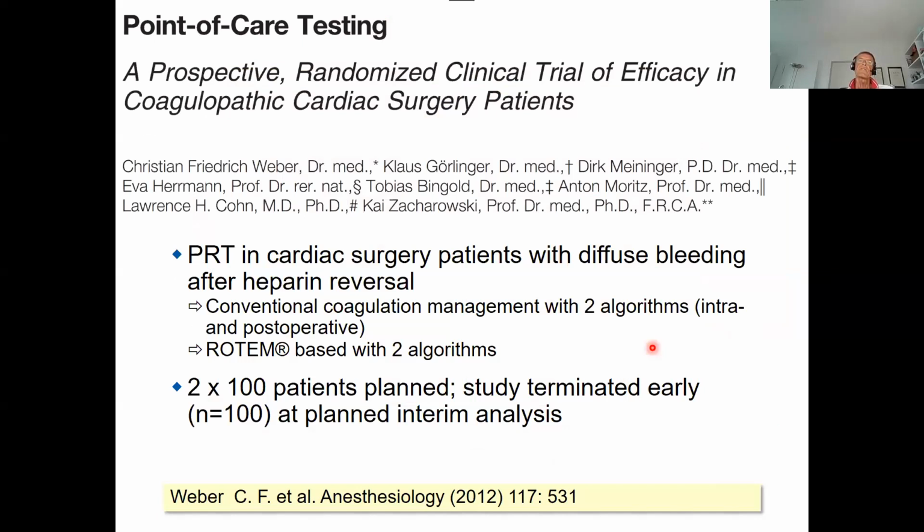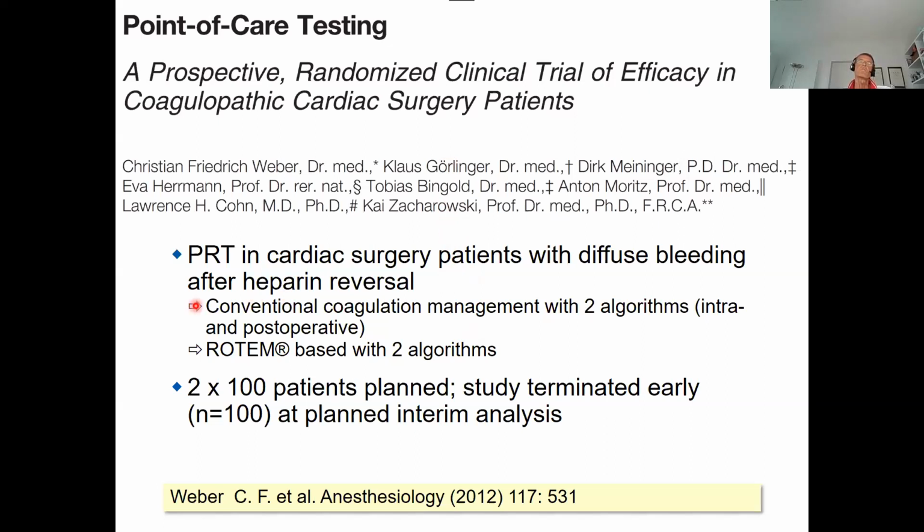A year or a few years later, they did a prospective randomized trial very similar to the first one. You see here, Klaus Gerlinger was again part of the study team. This time it was done in Frankfurt and Essen, a prospective randomized trial in patients undergoing cardiac surgery with diffuse bleeding after heparin reversal.